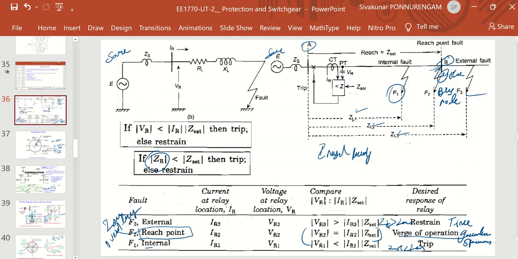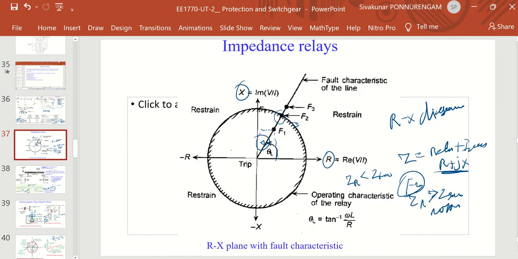Please see here: fault 1, fault 2, fault 3. So what is the set point? Please assume this circle. This is the point, and this point is assumed as the Z set point.